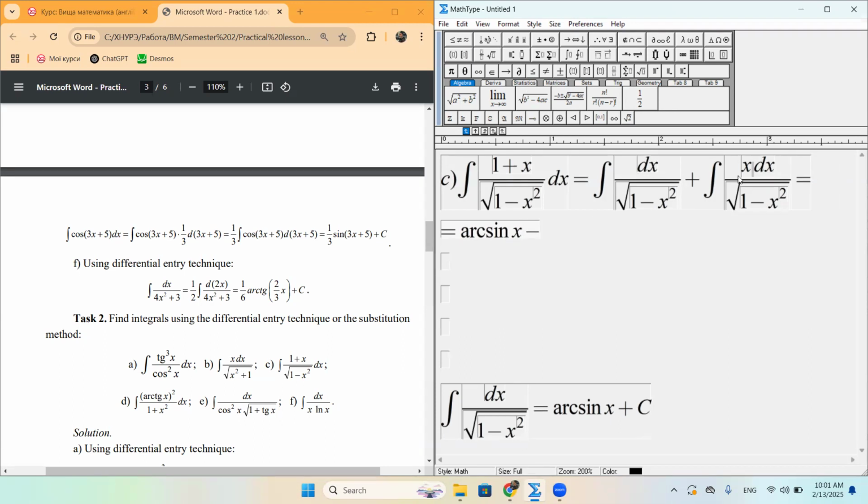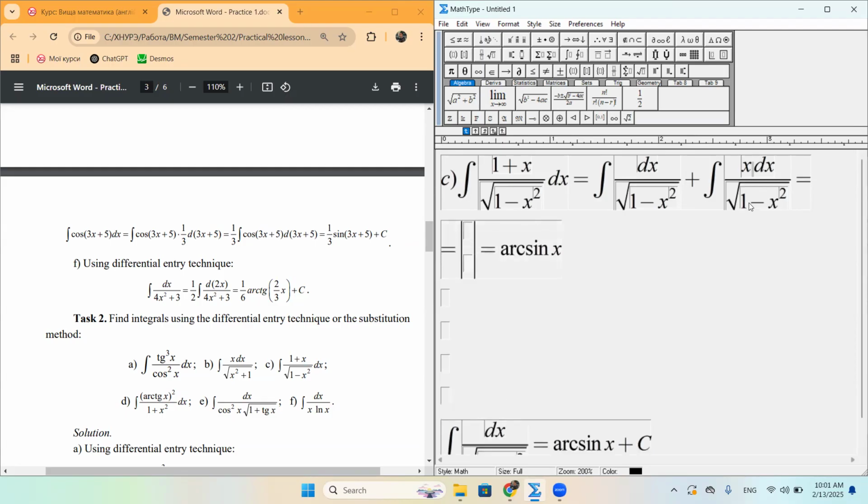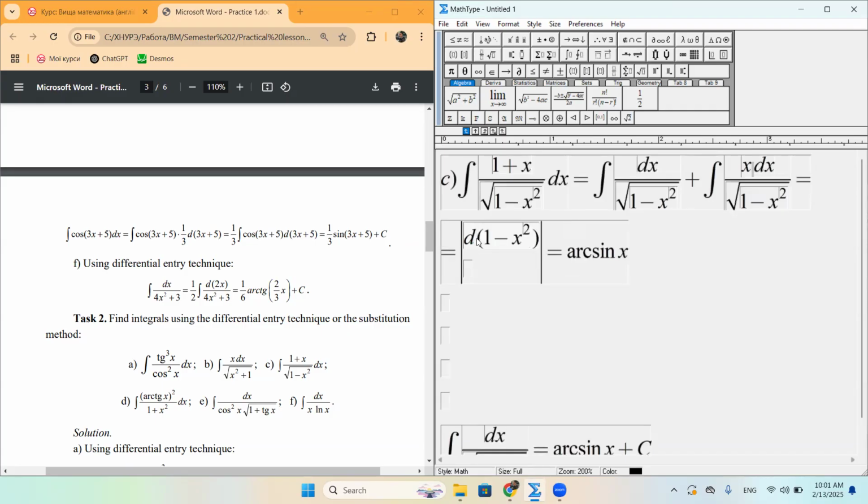Okay, first of all, let's find the differential of this expression. The differential of 1 minus x squared equals minus 2x dx.